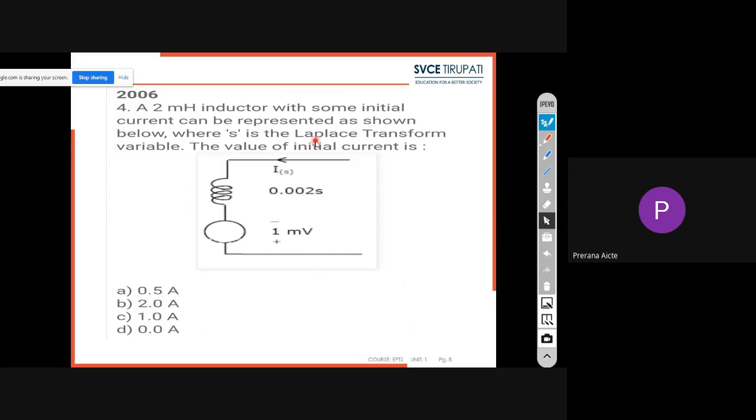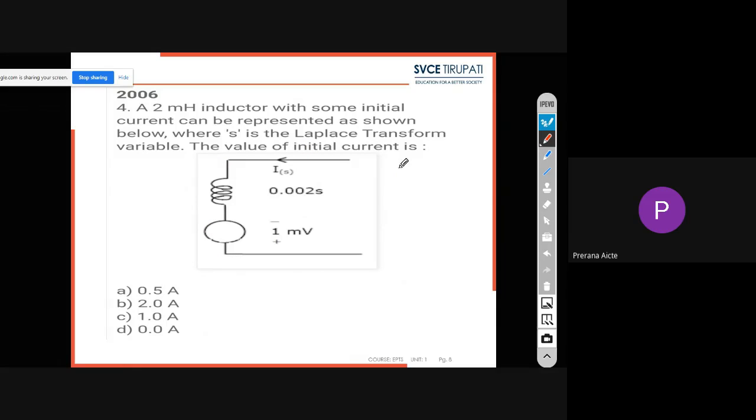See here, I need to find the initial current through the inductor. What is the initial current formula? Initial current is nothing but I of 0.